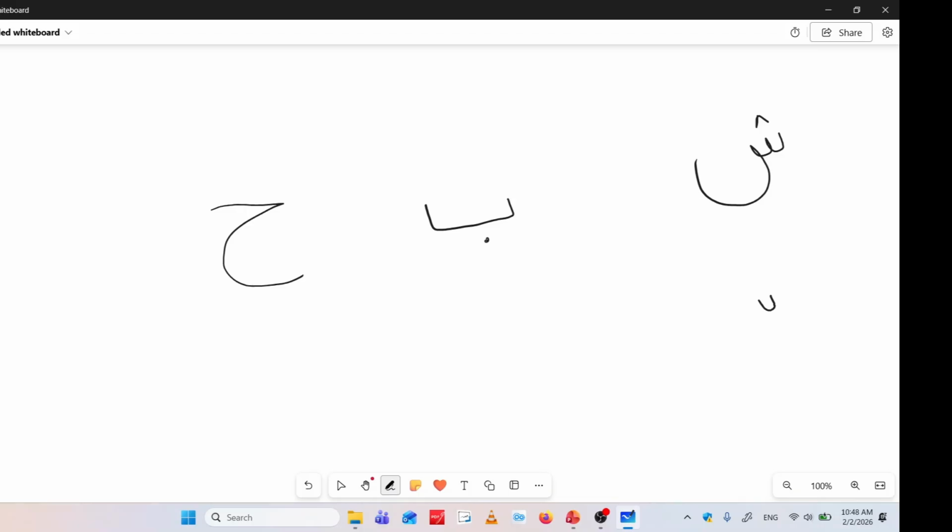So the sha, we're going to write the initial sha. Then the ba is going to be connected. Then we have the ha, which is the isolated ha. So it's going to be shabah. Shabah, which means a ghost. I know this might be an interesting word, but it was the best word that I could think of that has all of these letters.